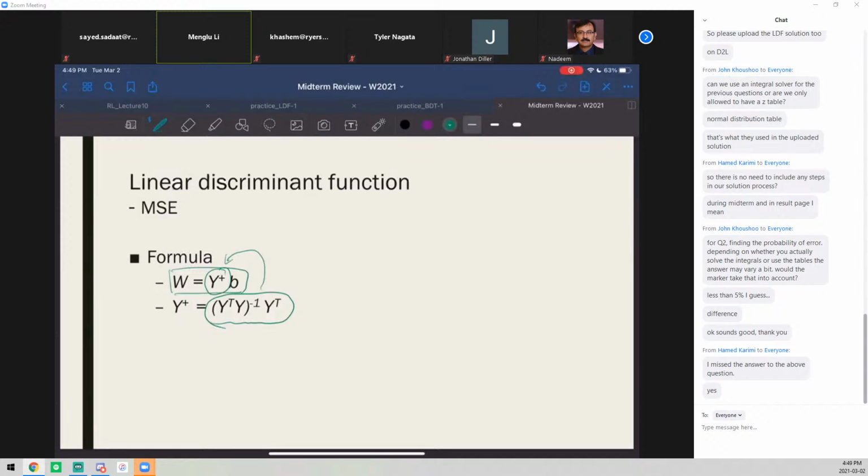So we only need to know what is y, and then based on y, we know what the y transpose is, and y transpose y inverse is all based on y. And then the b is always given to us. So based on that, we can directly calculate the final w, the final weight vector.